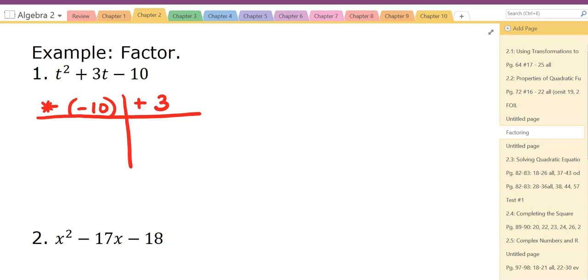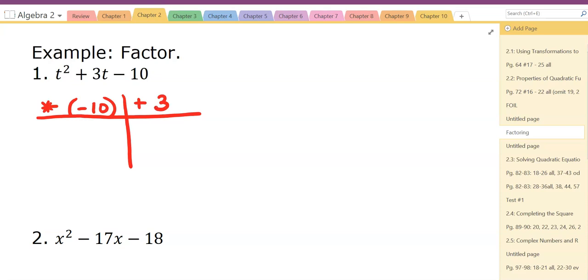If you don't know off the top of your head, you might have to do a little bit of guessing and checking. If it's a bigger number and there's a lot of factors to look at, you might have to just guess a couple and see if they work. For this one, I'm thinking the factors of 10 would be 1 and 10, 2 and 5. So it's got to be a combination of those numbers.